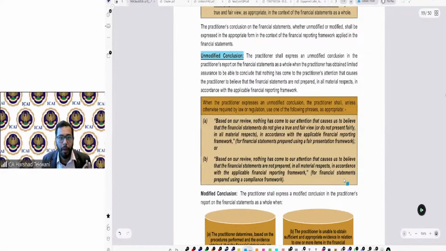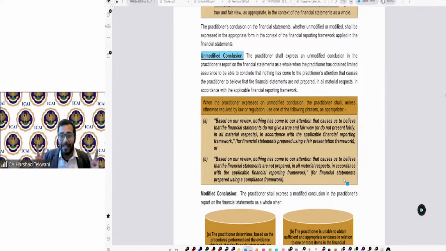I am issuing an unmodified conclusion when I have obtained the required evidence and nothing has come to my attention that leads me to believe that the financial statements are not prepared, in all material respects, in accordance with the financial reporting framework.